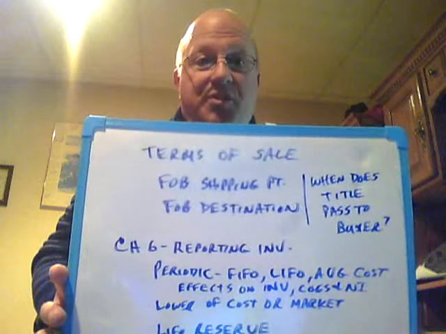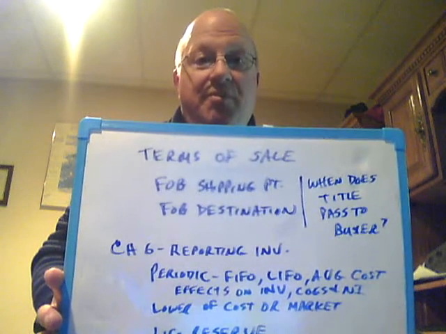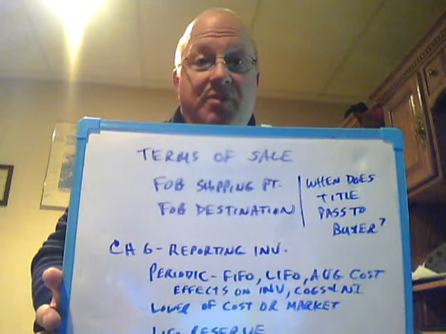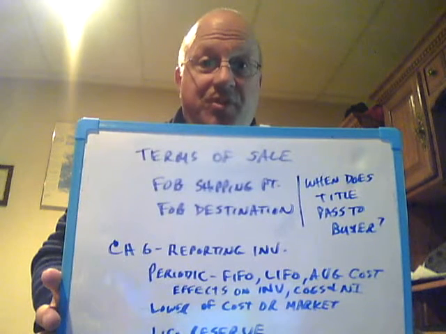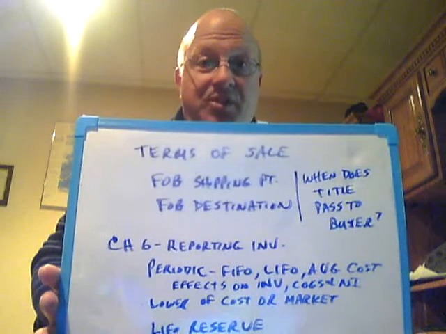Then we talked about the lower of cost or market, and you should know that that's basically based on a current replacement cost for the goods versus the cost that was paid for them initially.